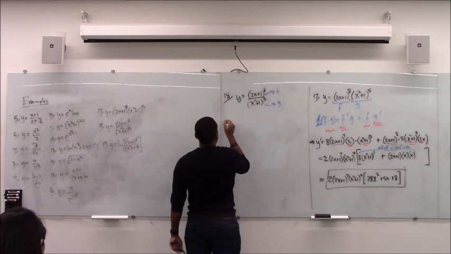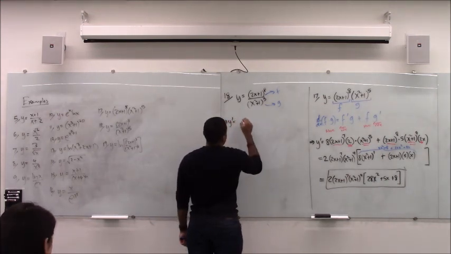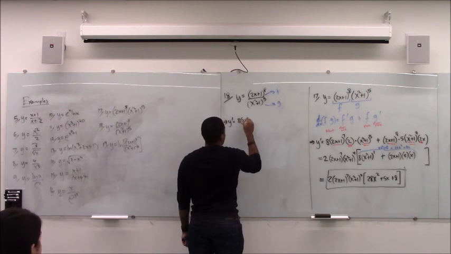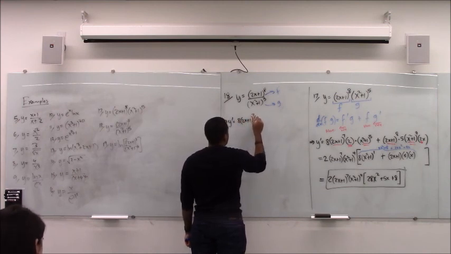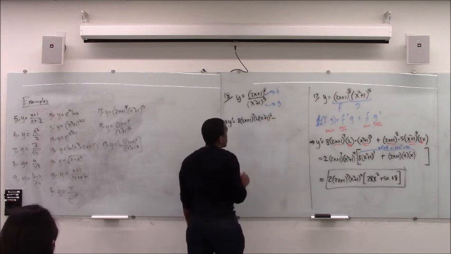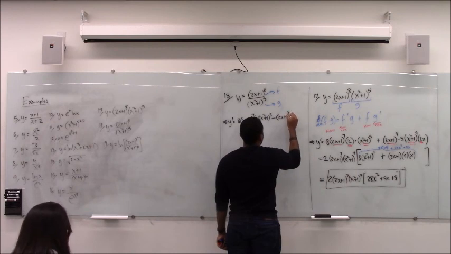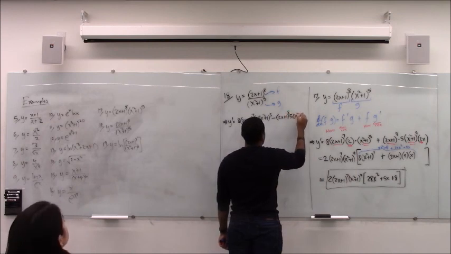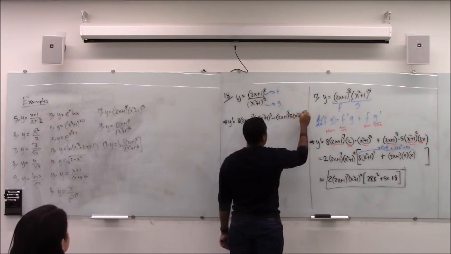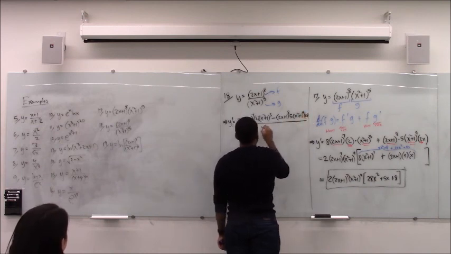And so y prime would equal the bottom times the derivative of the top, minus the top times the derivative of the bottom, all over the bottom squared.